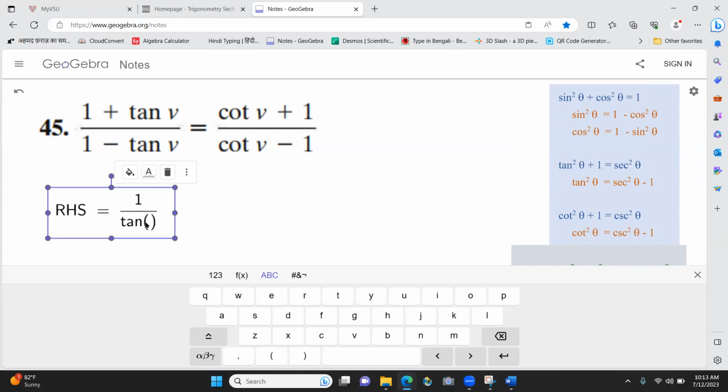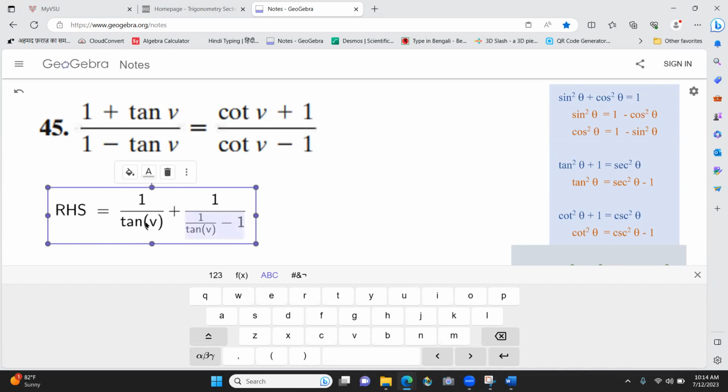I'm just going to write tan V plus 1. And the bottom part is going to be, I'll fix that, okay? It seems like there is a little typo, but we'll address it. Don't worry too much. I'm going to write tan V minus 1.